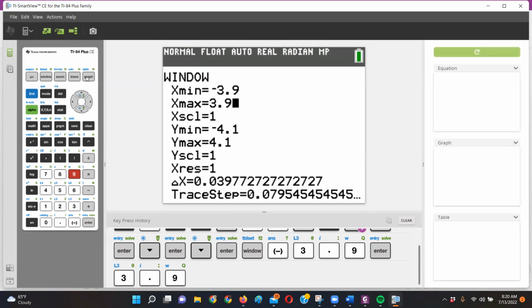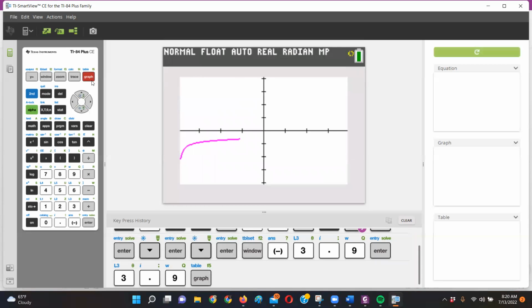Now I'm going to hit graph, and this graph's very fast because it's using the computer processor, but you see that critical value. Remember, this is the derivative I'm looking at, and when the derivative is equal to 0 or undefined, but there are no undefined places other than the endpoints. So we're looking for that value.